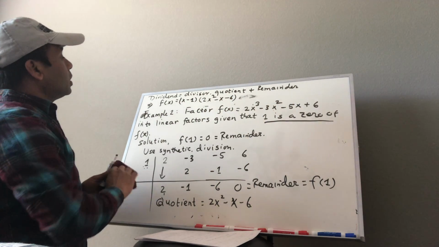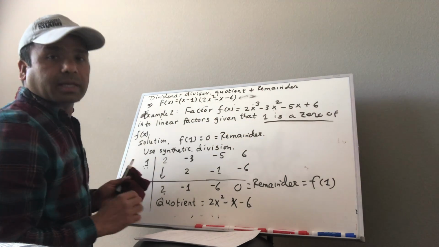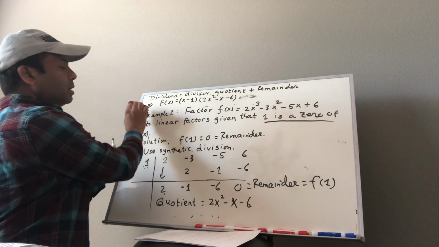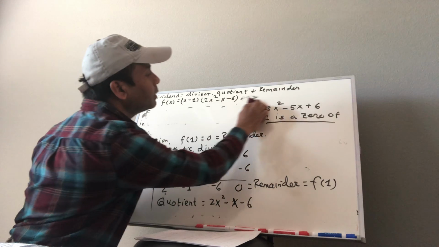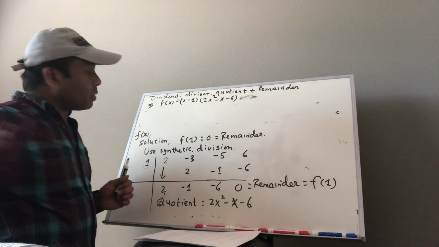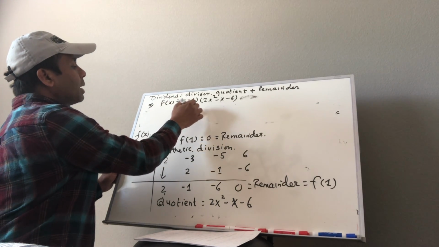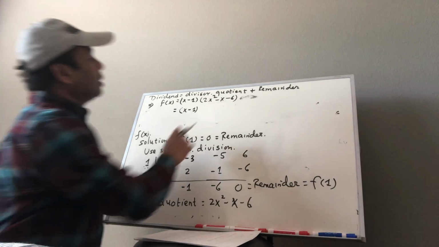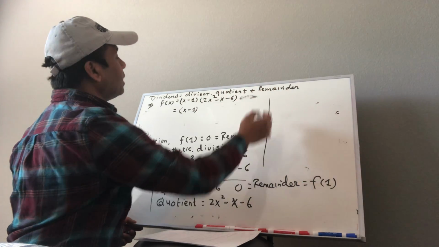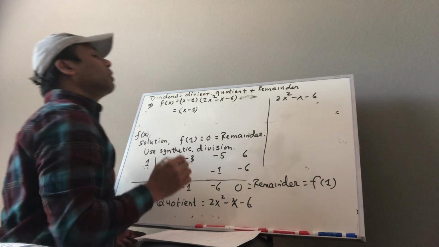So next, you need to factor 2x squared minus x minus 6. So let me erase that. Okay. So how can you factor it? If you want to factor it, let's do some side work, or you can factor right here. So it's 2x squared minus x minus 6.